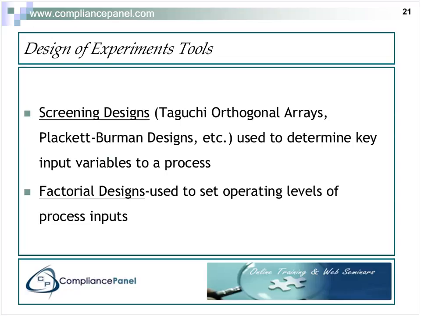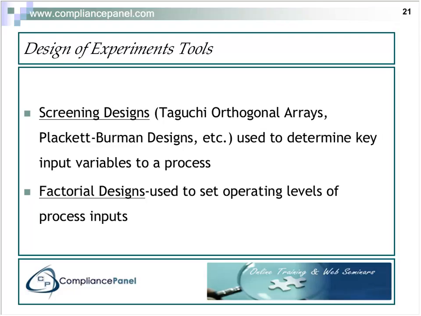Screening designs include 2 that I'm pretty familiar with: Taguchi orthogonal arrays and the Plackett-Burman designs. And these are used to determine what are the key input variables to a process. Now, I was involved in doing a process validation on a printed circuit board process, and we found that when we tried to set up our process validation, we had 32 input variables to our process.